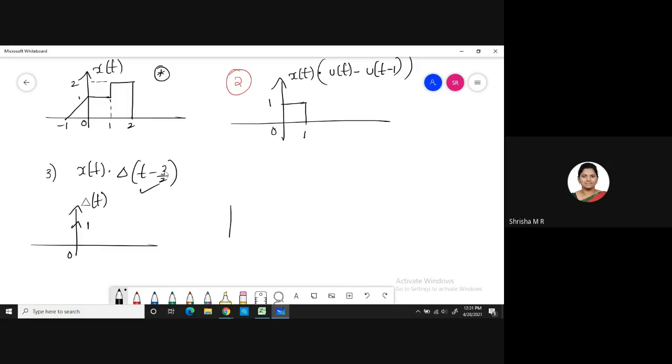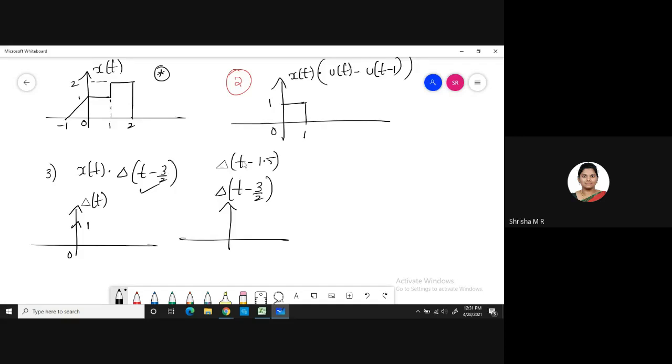So where will your signal be when you shift it? Delta of t minus 3 by 2 means where will the signal exist? 3 by 2 is 1.5.